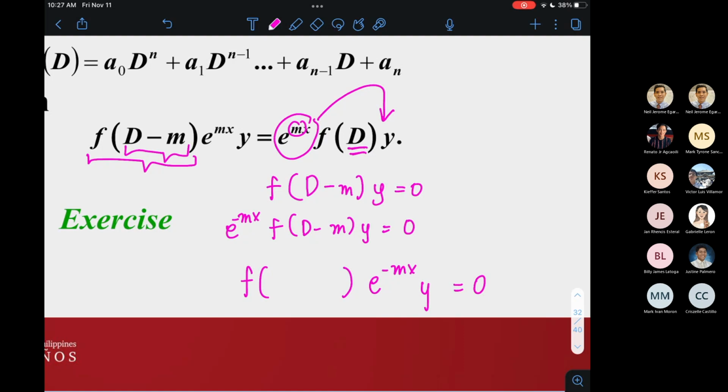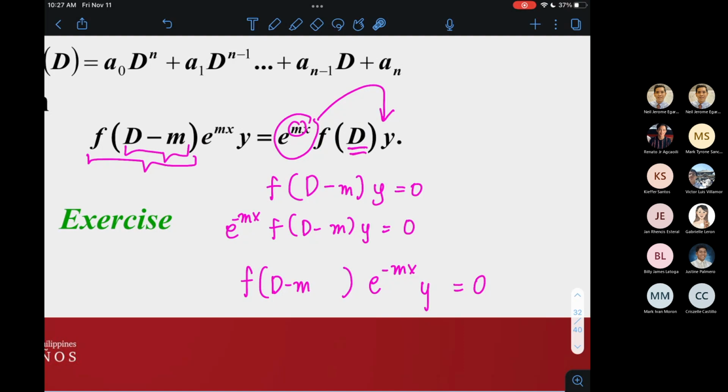Tapos yung argument nung auxiliary polynomial f ay magiging d minus m, pero ang sabi ng exponential shift theorem, pag nagpasok ka ng e to the mx dun sa loob, ma-minusan mo yung original indeterminate kay little f by m. So whatever is originally inside little f, ma-minusan mo siya kung ano yung exponent nung exponential function na nandun sa unahan niya.